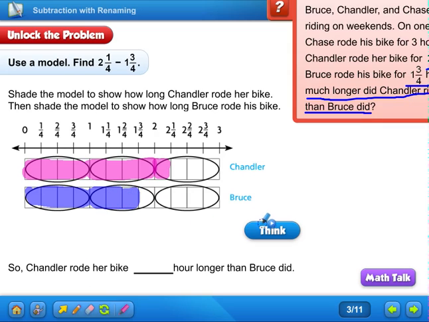All right. So what we have to think is, what is the difference? How much more did she ride? She rode right here, these 2 sections, which were 2/4.